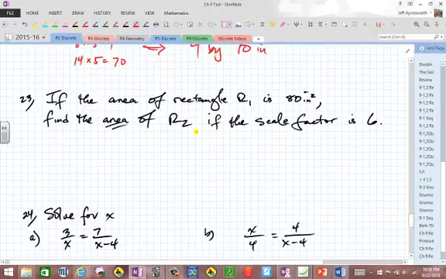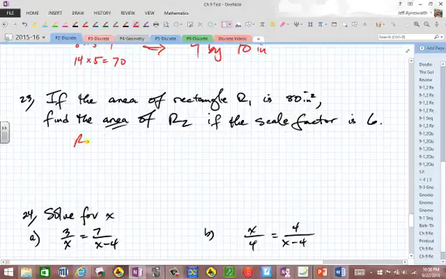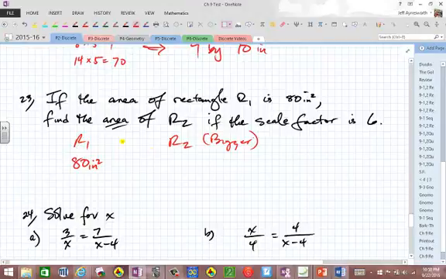Now if the area of R1 is 80 square inches, the area of R2, which is bigger, you have to multiply not by k, but by k squared.